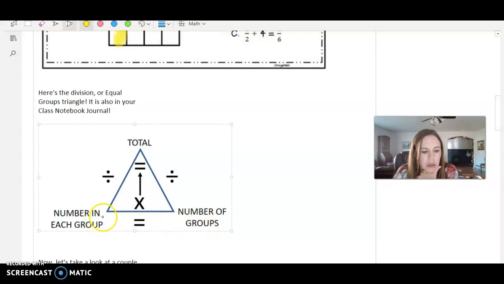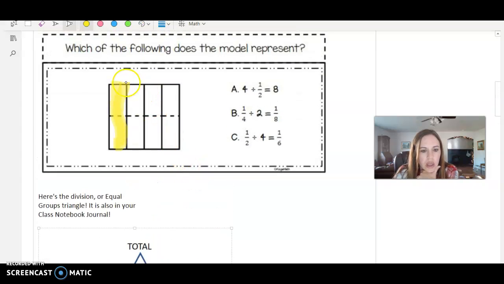So my answer should be my number in each group. And so once it got divided up, if we took what's in each group, well, what is highlighted is my numerator and my denominator is my number total of equal parts. And we decided that it had 8 equal parts, and that's why my answer is 1/8.